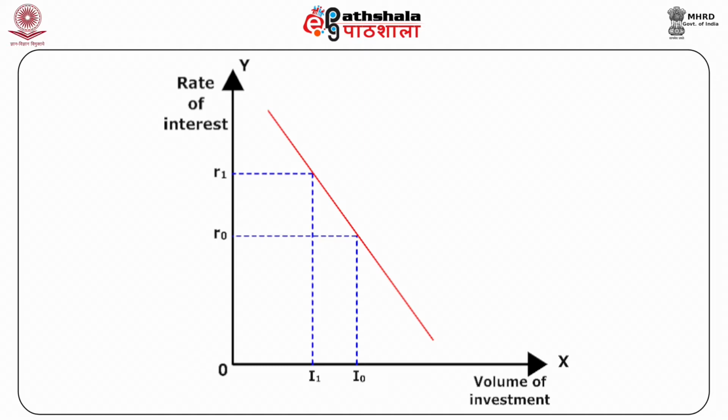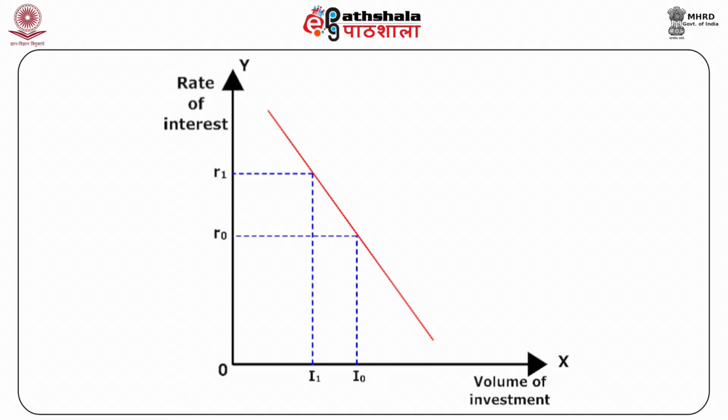Graphically, therefore, the capital market equilibrium can be depicted with the help of a single function, which is the investment function, which is downward sloping. On the y-axis, we have the rate of interest. On the x-axis, we are measuring the volume of investment.